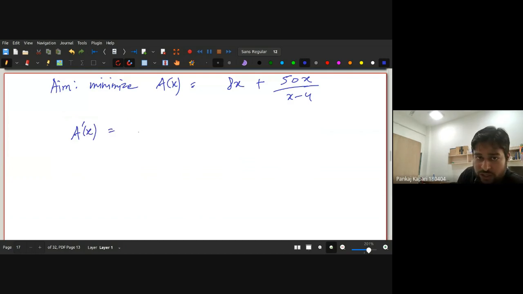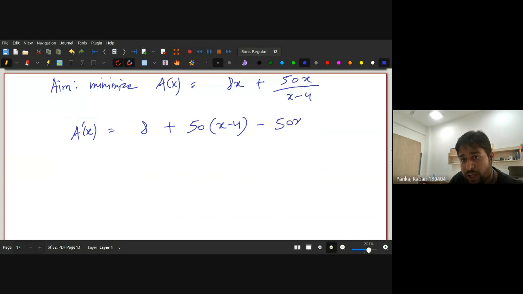Okay, so if you differentiate, you will get 8 plus, now apply the quotient rule again. So 50 times x, its derivative is 50, multiply it by x minus 4, subtract 50 times x, right? Because the derivative of x minus 4 is 1, and divide by x minus 4 whole square.